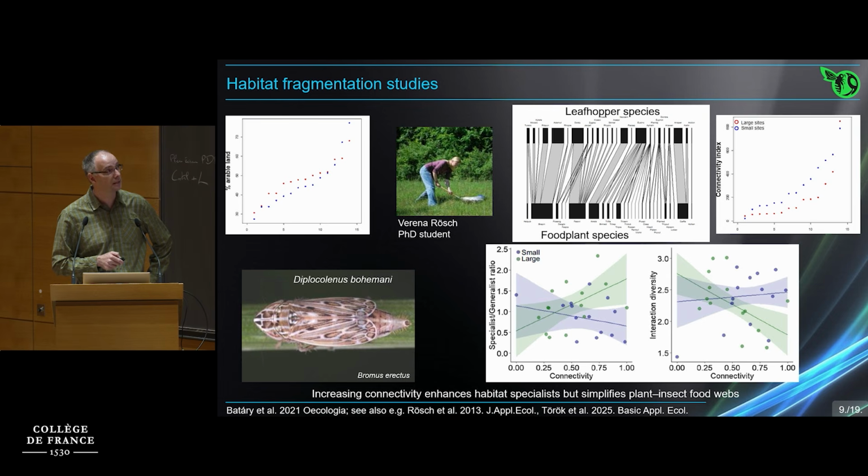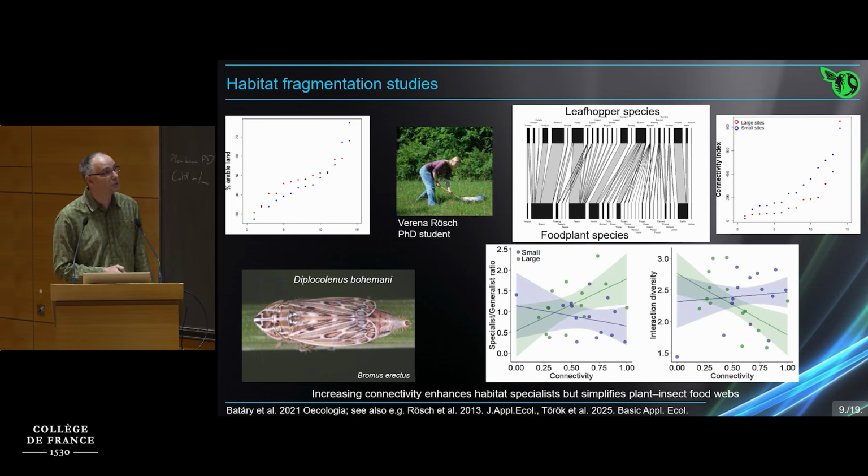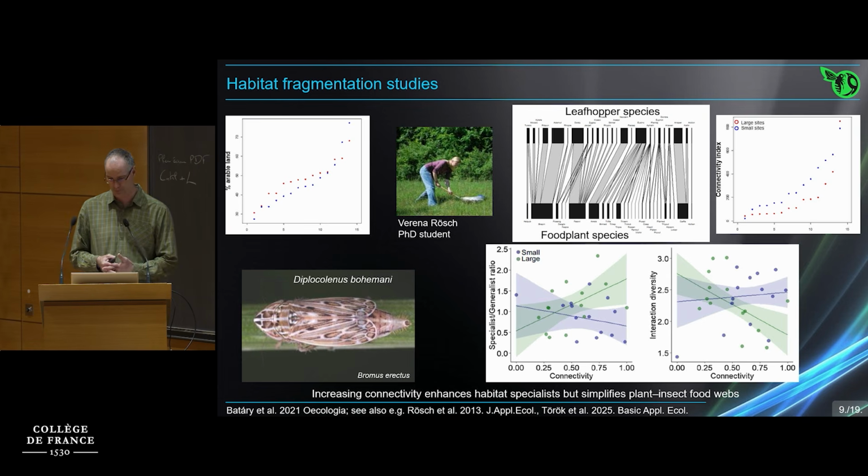But if they are small and better connected, then the generalists will dominate. And I found the opposite pattern when you investigate the interaction diversity. So of course, along a gradient of large fragments, which are dominated by specialist monophagous species, then the interaction diversity will be decreased.